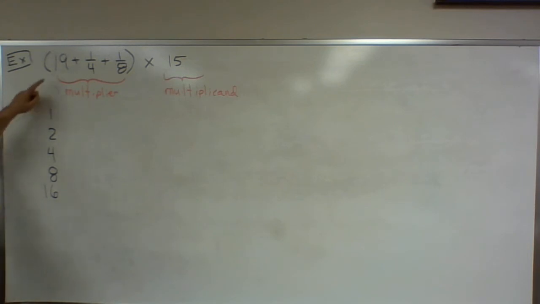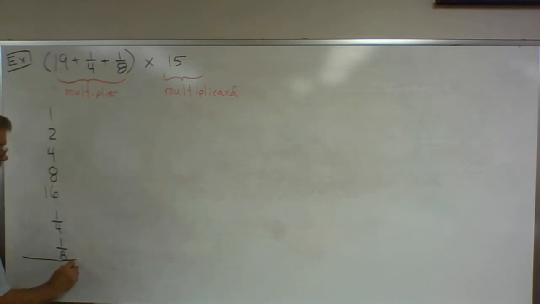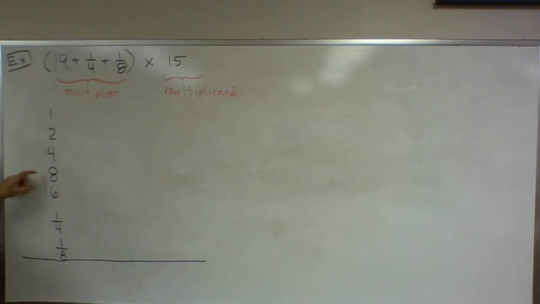So 19 expressed as the sum of distinct powers of 2 has to be the sum of a few of these things. It has to be the sum of powers of 2 from this group. And we have a 4th plus an 8th already decomposed into distinct powers of 2. And let's see, we start with the largest power of 2 and add the next largest power. 16 plus 8 is 24.